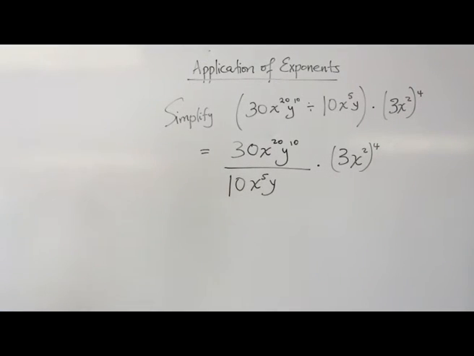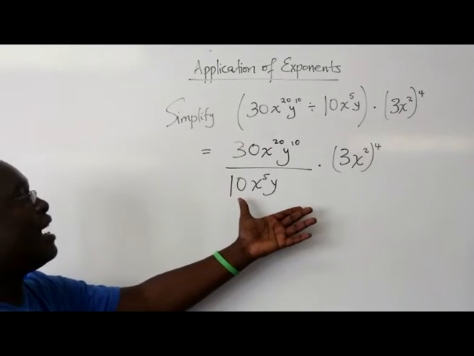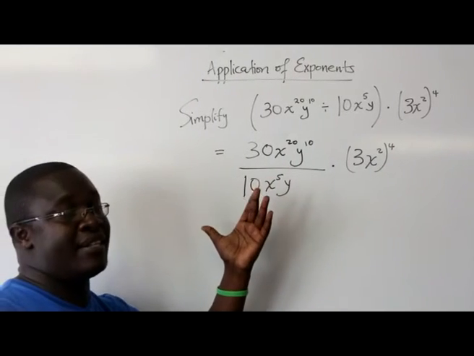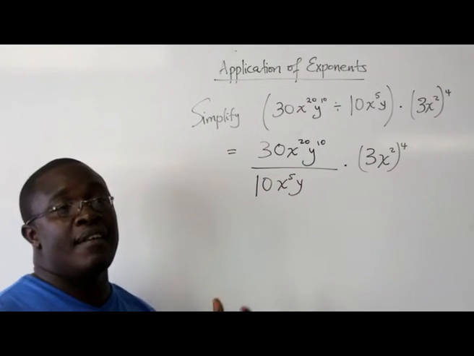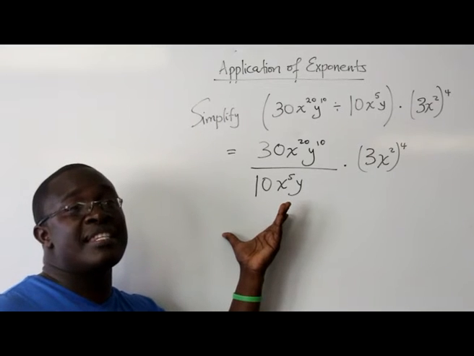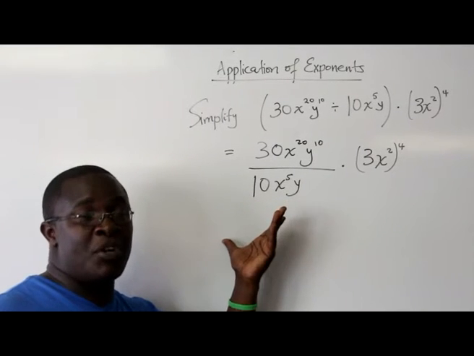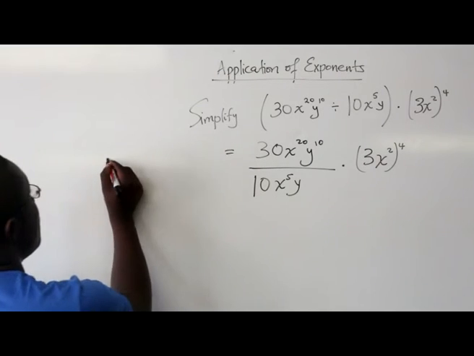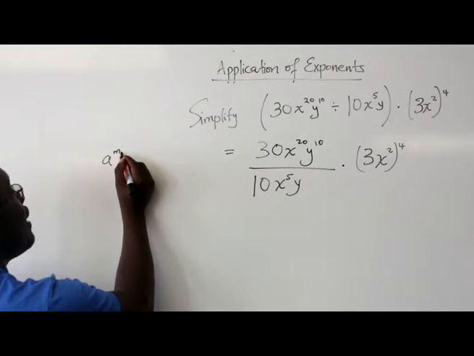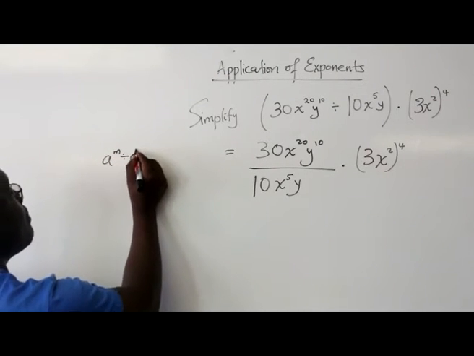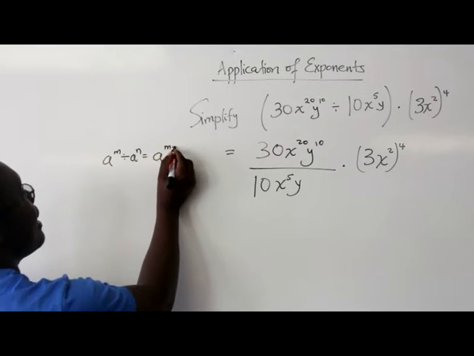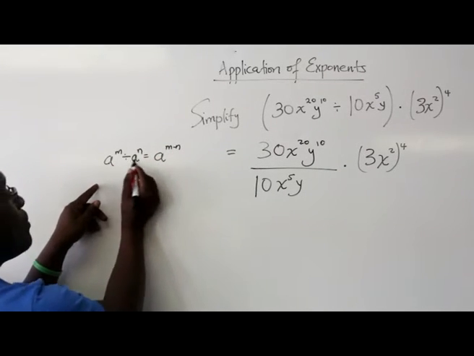Right. Now, once we understand what's going on, we look at our terms and say, which ones have the same bases? Because for you to be able to use the rule a to the power of m divided by a to the power of n is equal to a to the power of m minus n, the bases have to be the same.